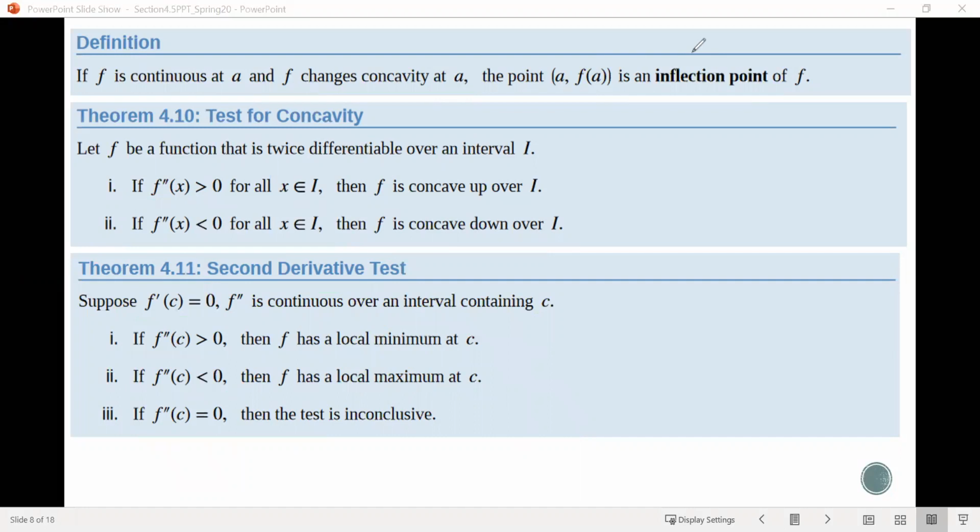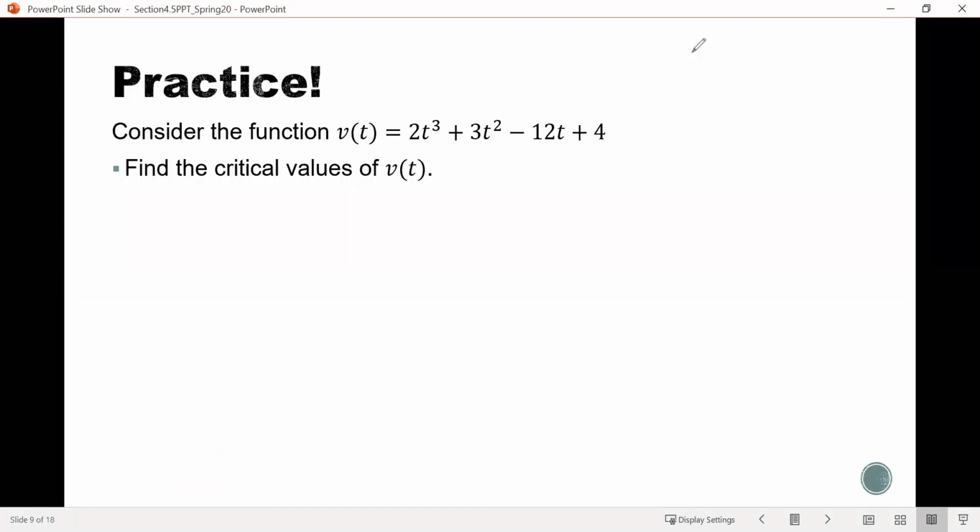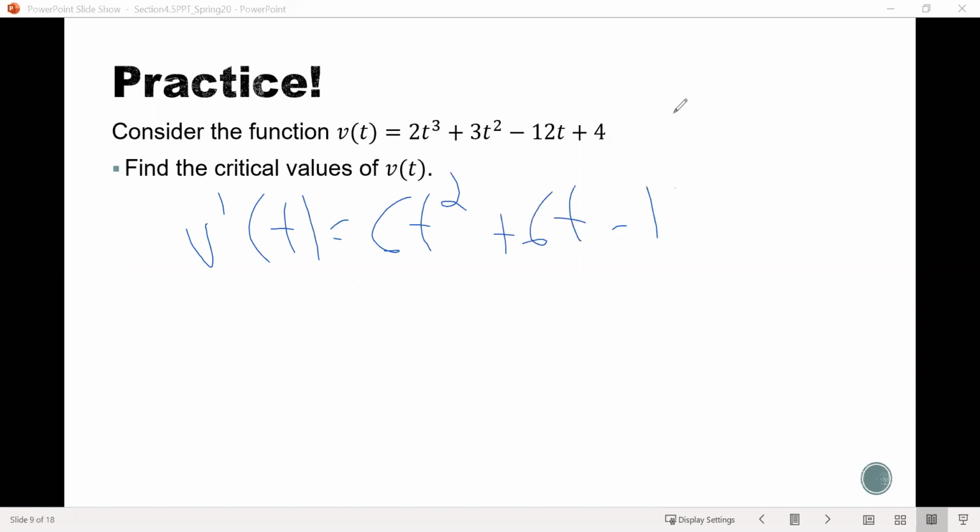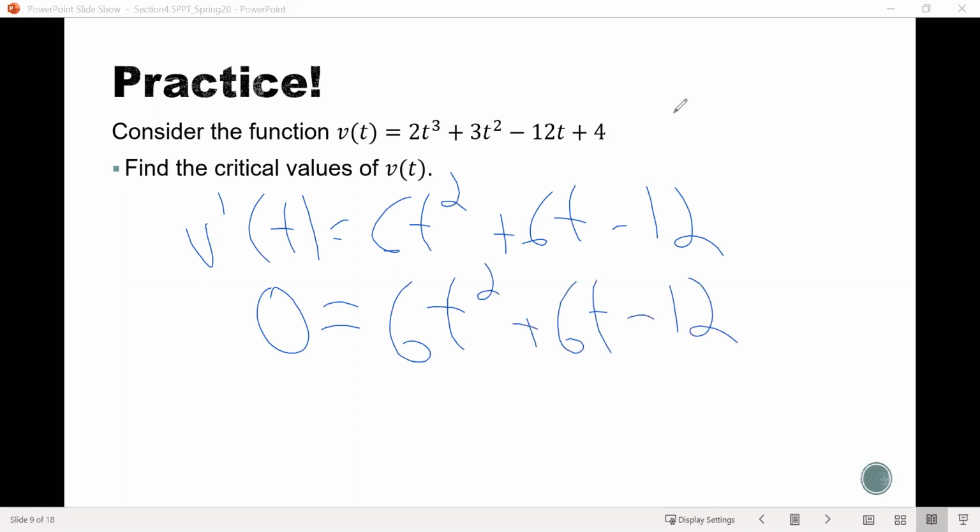All right, so let's use this now on this problem. So we have this function v of t equals 2t cubed plus 3t squared minus 12t plus 4, and I apologize if you hear the squeaking in the background. It's my dog playing with his toys. So first of all, we have to find the critical values. So we'll take the derivative here. So v prime of t equals 6t squared plus 6t minus 12. Then we need to take that and set it equal to 0, because for this function, it's a polynomial, so our critical values will happen where it's set equal to 0.